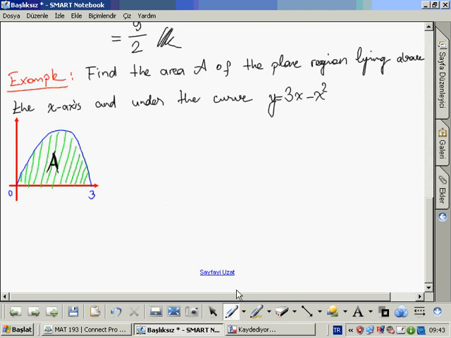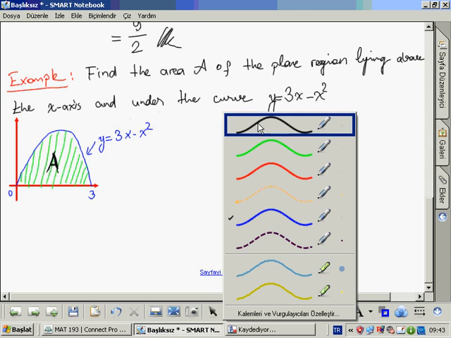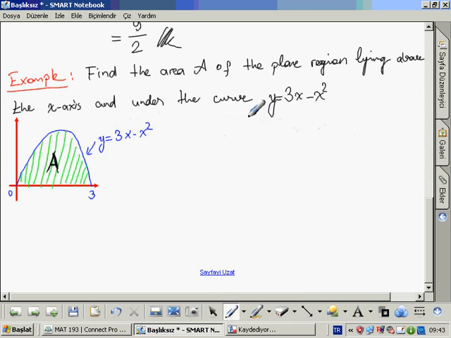We know that this is y equals 3x minus x squared, and firstly, of course, I have just found the 0 and 3 points like that: 3x minus x squared equals 0, and after that x times (3 minus x) equals 0, and x1 is 0 and x2 is 3, which are the intersection points on the x-axis.